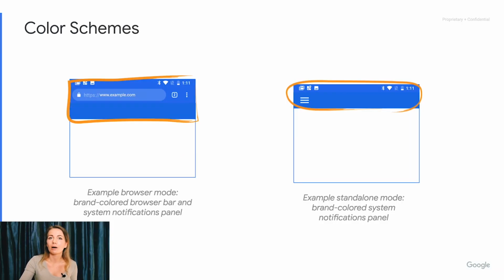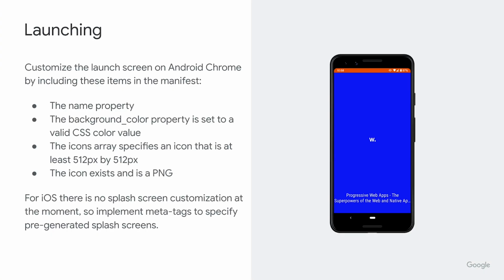On Android, the browser bar can be changed to match your brand color. This will also affect the standalone mode, specifically the color of the system notifications panel right on the top. When the app is launched from the home screen, Chrome for Android will automatically customize the splash screen by using things like the name, background color, and icons in the manifest file.